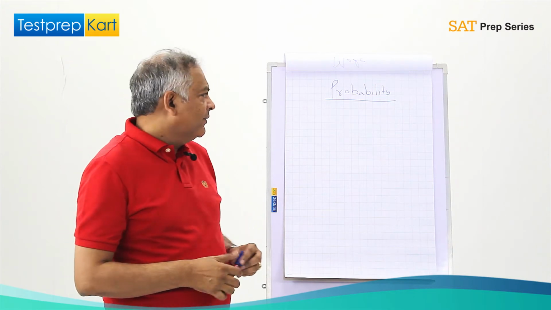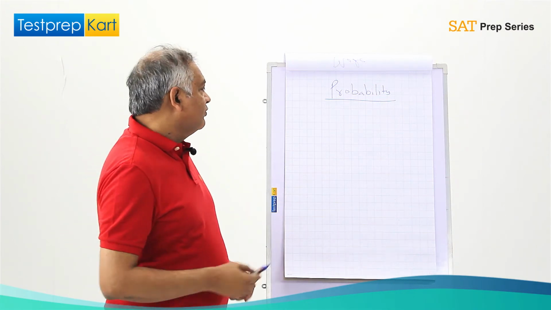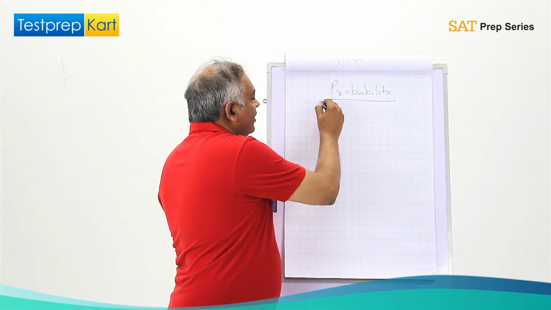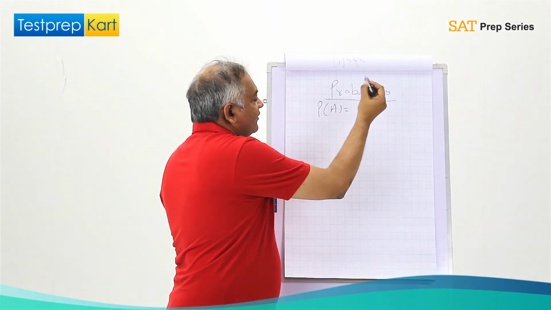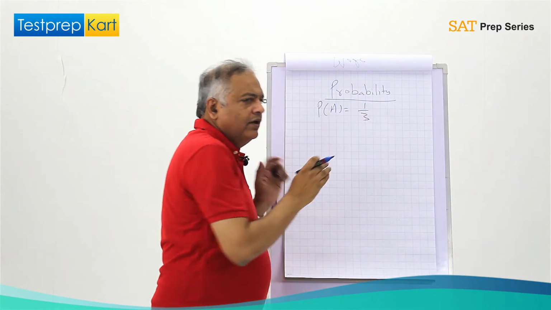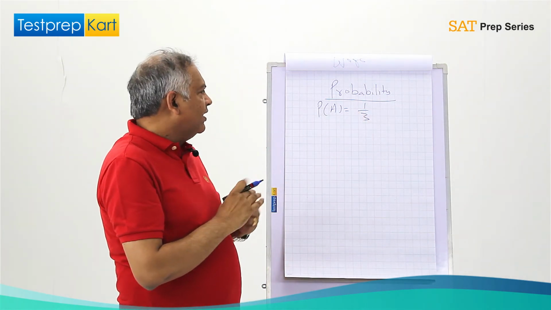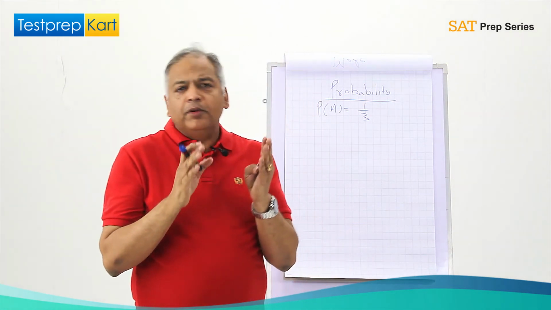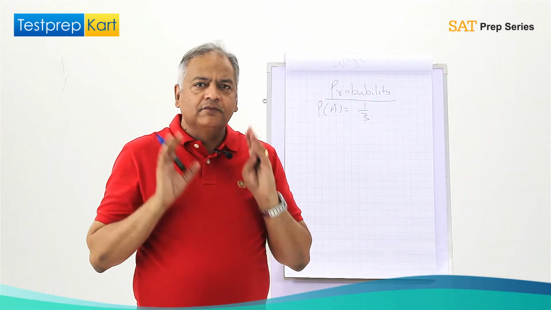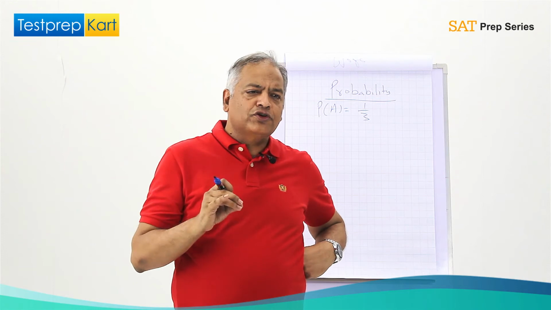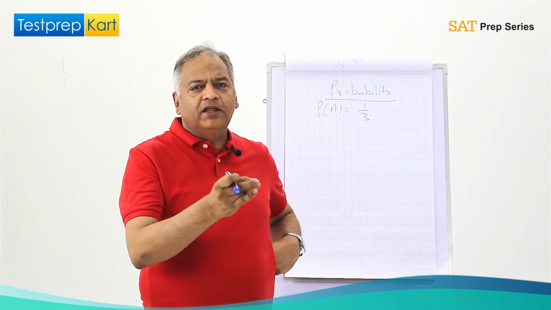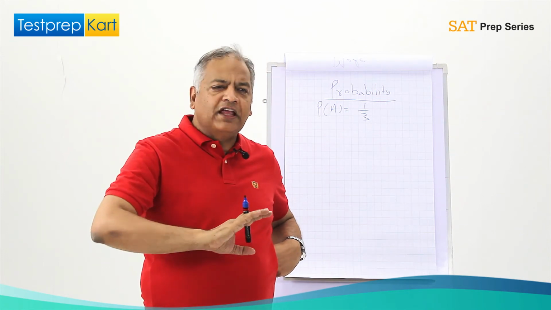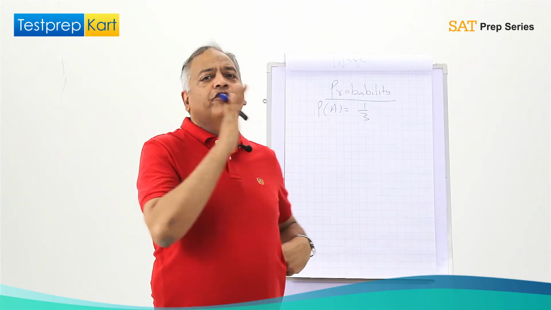First of all, the probability is always between 0 and 1. If you are 100% sure about an event, then the probability is 1. If you know that this event cannot happen at all, then the probability is 0.